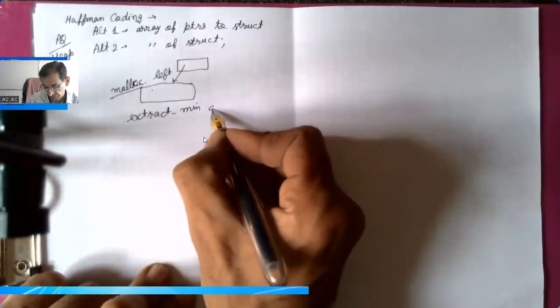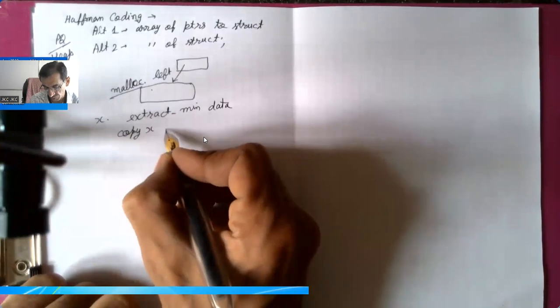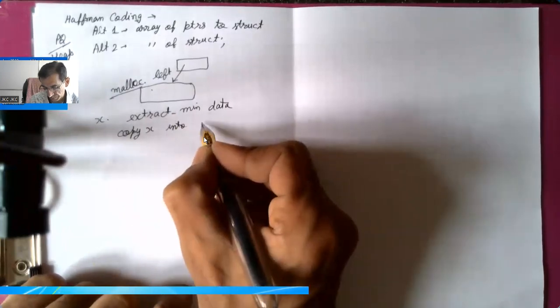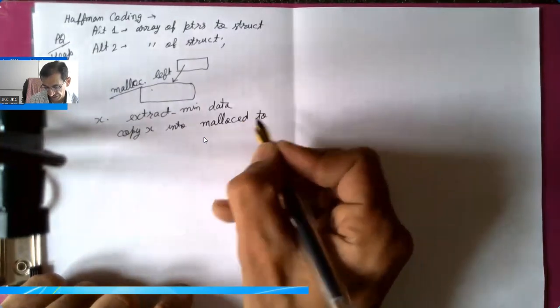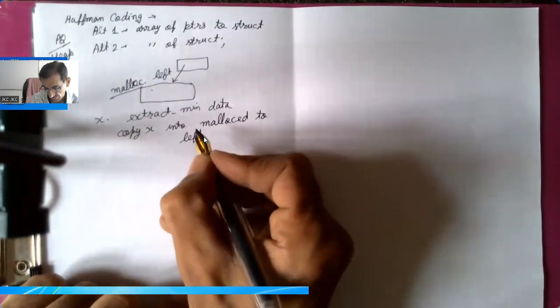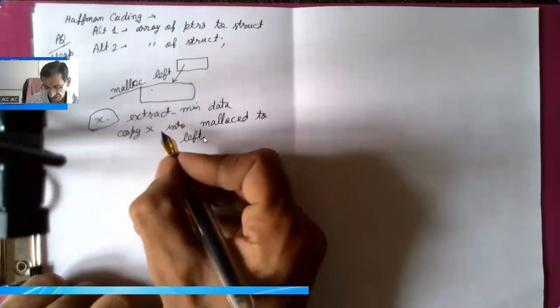So you first create a malloc, and then whatever extract min data you extracted, let's say you got in X, you have to copy X, and similarly Y, into the memory allocated to left and right. Whatever X data is, the full data is to be copied here from X.